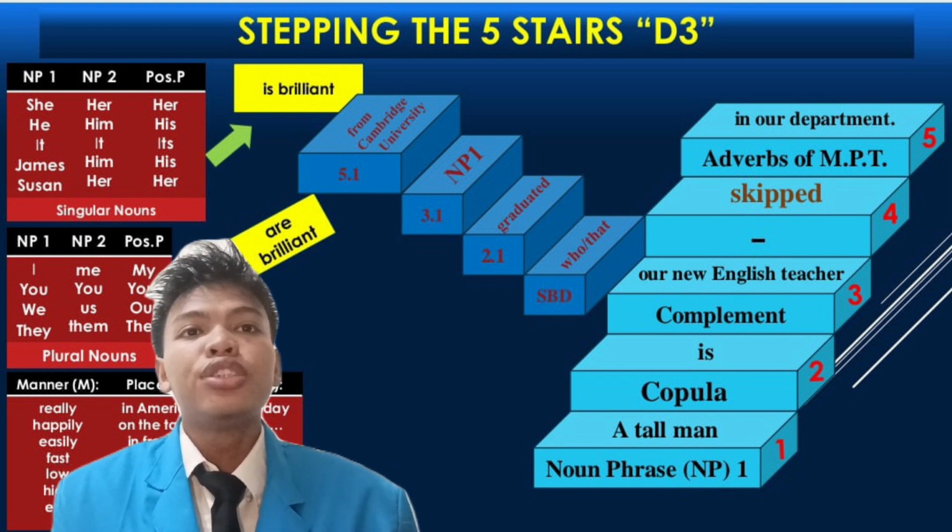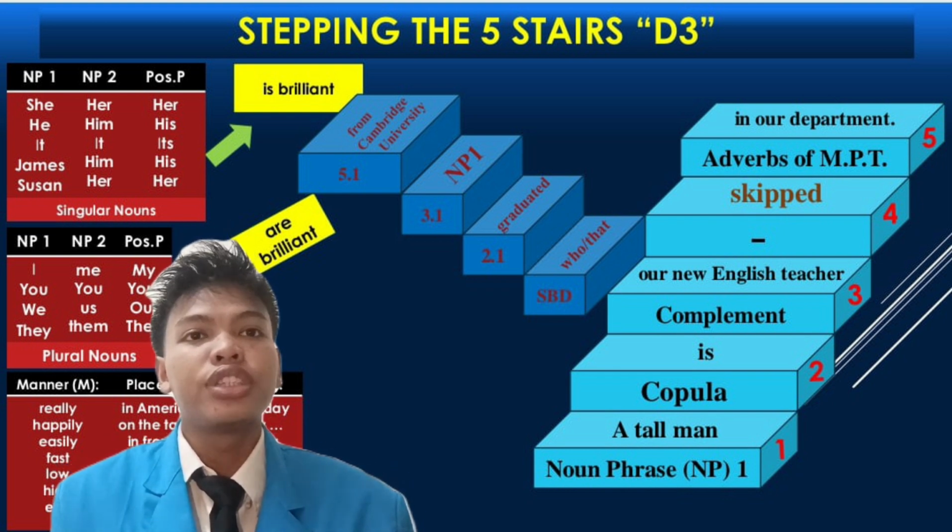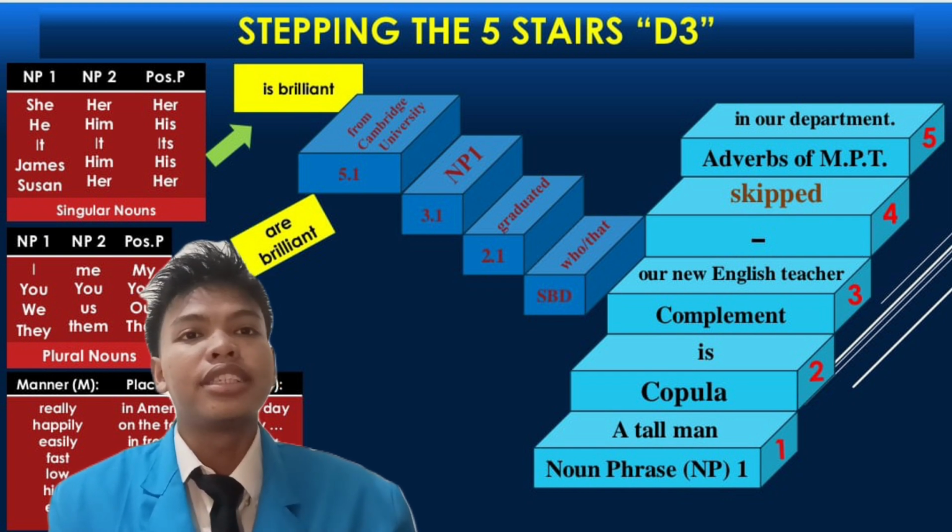Stair D is used to form sentences with copulas such as is, are, was, or were. The structure of a stair D, look at this.